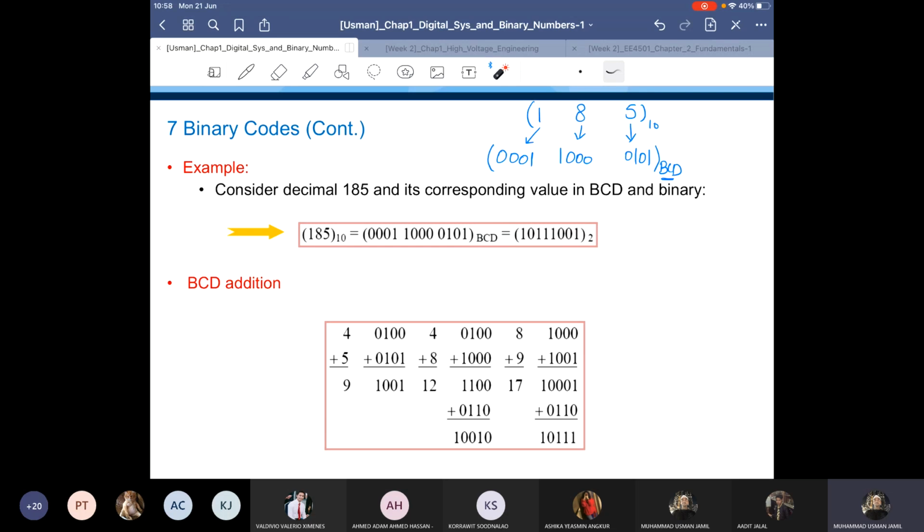So don't confuse them. 185 in BCD is this and 185 in binary is this one. So binary and BCD are two different numbers. Hope you understand the idea.